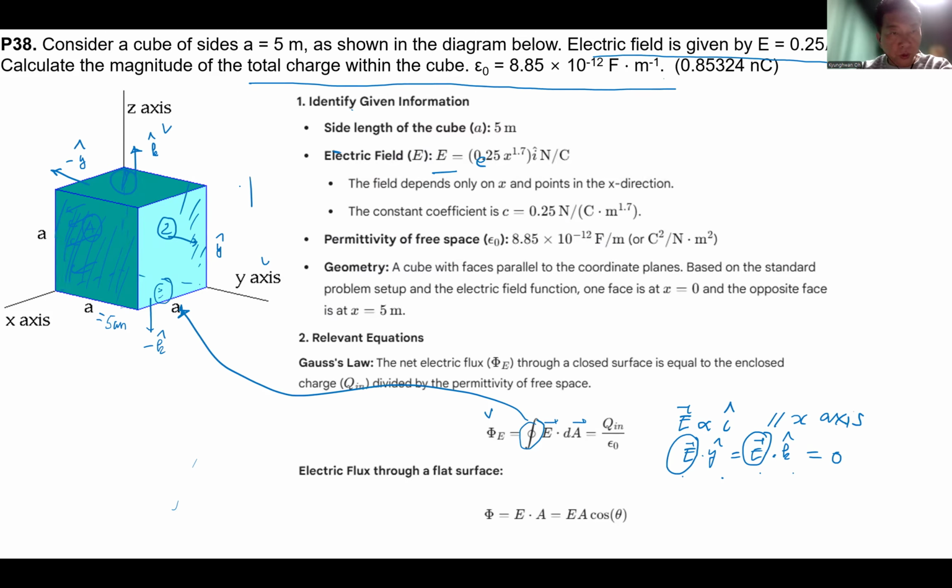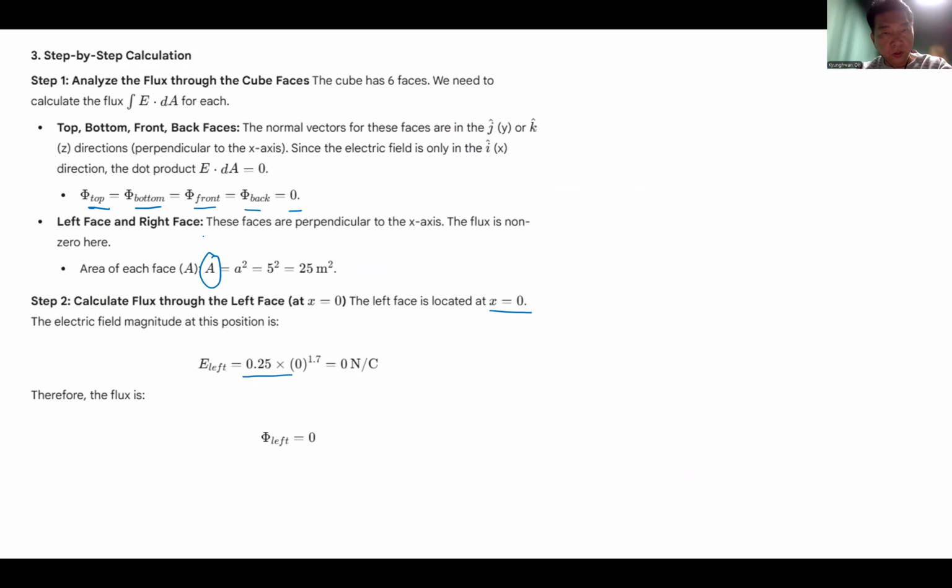So when x equals 0 and when x equals 5, you have a different electric field. So note that x equals 0 is the left plane, and if you plug in x equals 0, the electric field is 0, such that the flux is 0 for that surface.